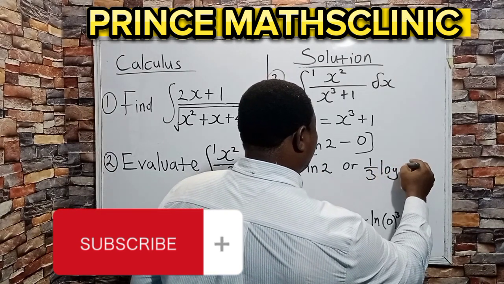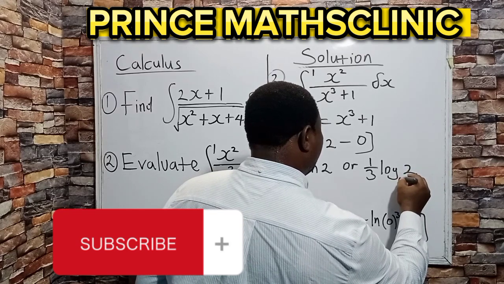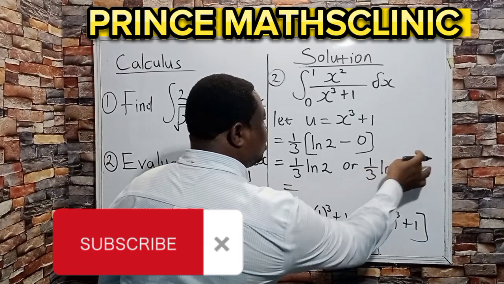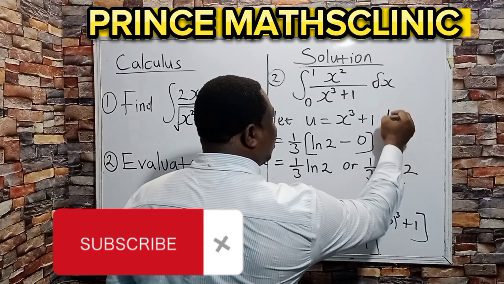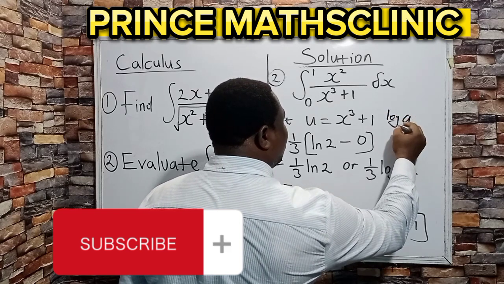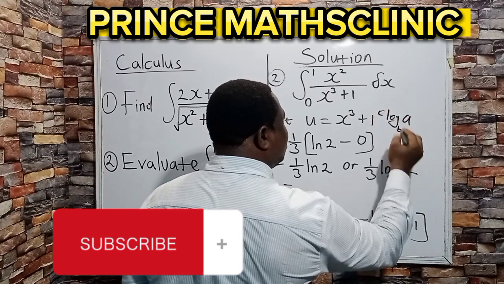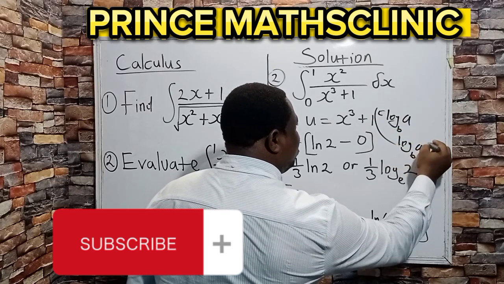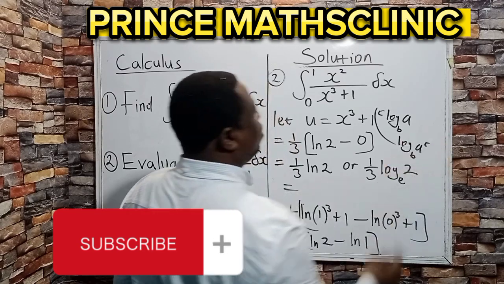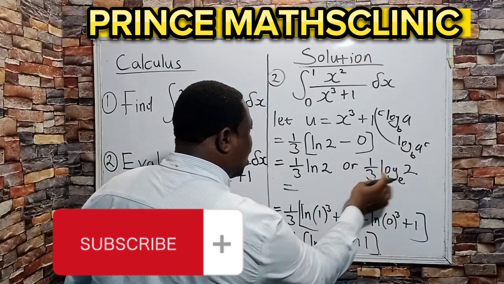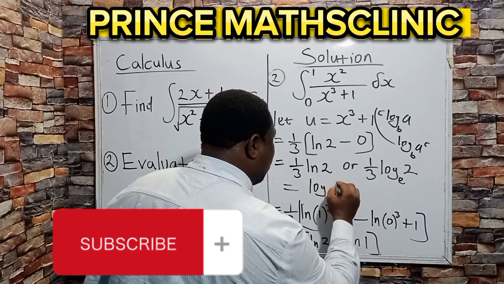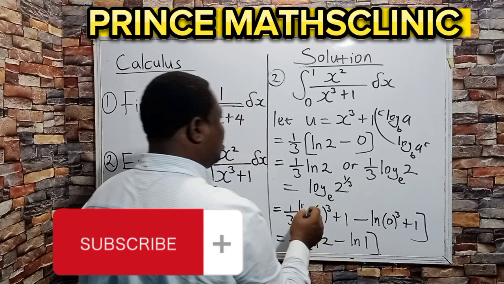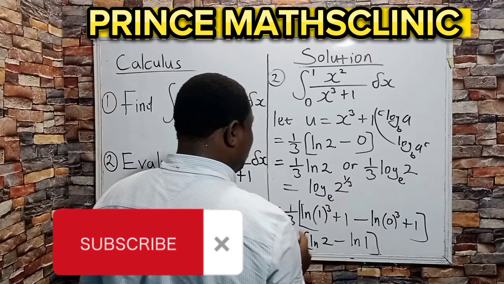Which is log 2 to base e. And if you like, you can take this based on the laws of logarithm that says if I have log a base b, then this is c. This can become log a base b carrying what? The power of c. So you can replace this. You can say this is now what? Log of 2 base e to the power of 1 over 3. Either of these will be correct.